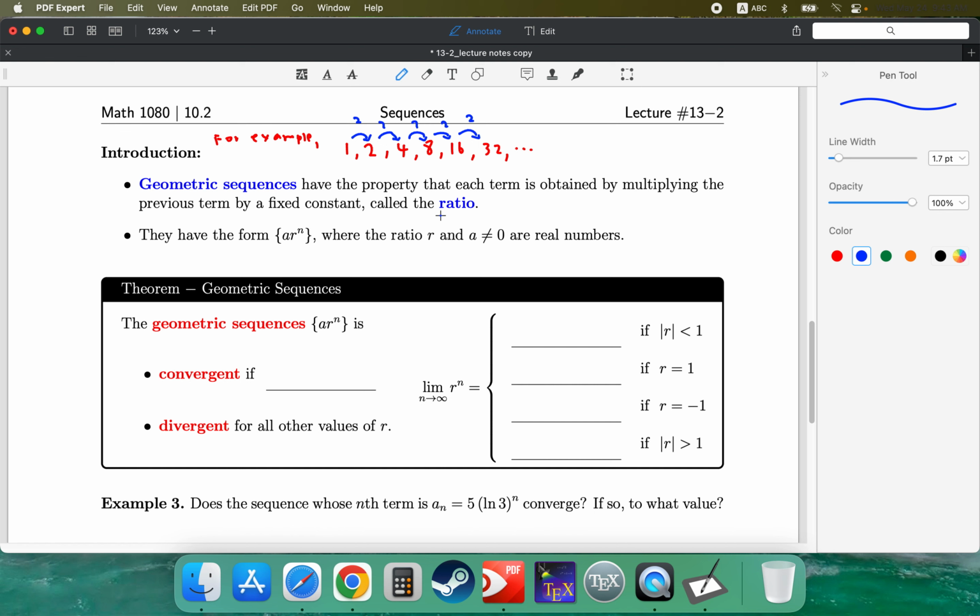And this 2 is our ratio. So let's write it down. We multiply the previous term by 2 to get the current term. And this 2 is our ratio.